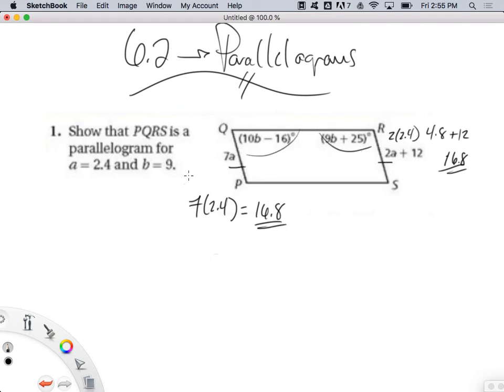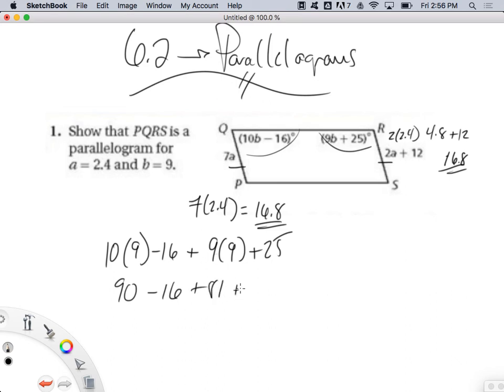They should be supplementary. So if I plug in b, what should they all add up to? 180. Good. 10 times 9 minus 16 plus 9 times 9 plus 25 is 90 minus 16 plus 81 plus 25. 90 minus 16 is 74, plus 81 is 155, plus 25 is 180.